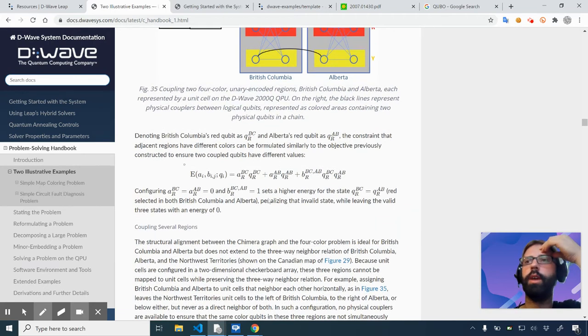I still don't get that term, but I get the idea here that you're multiplying them. So this is for regions B and C.